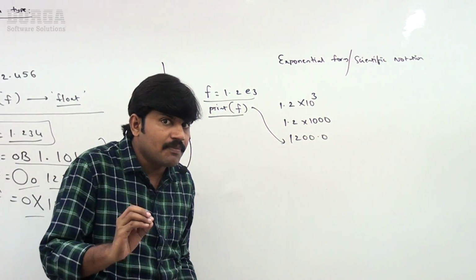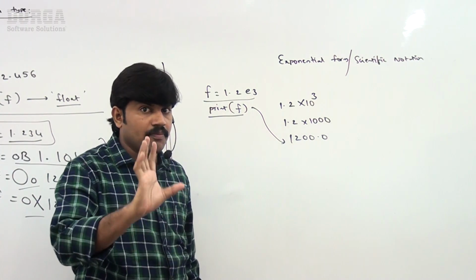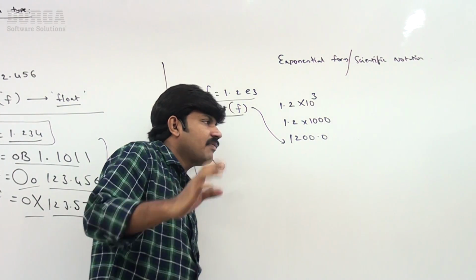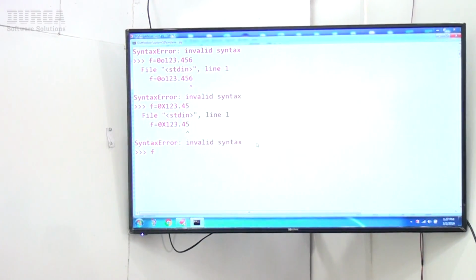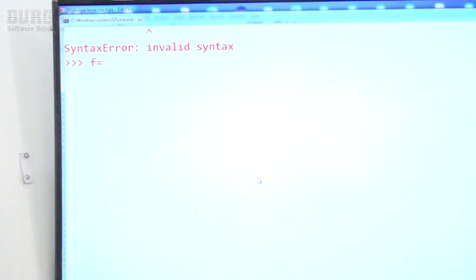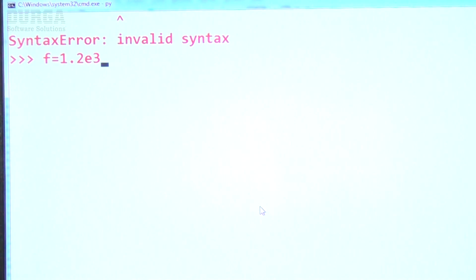But this is applicable only for floating point values. Remember, have a look once, sir. I am taking f is equal to 1.2 E3. You can take small e or capital E. Either is acceptable. What about its value, sir? 1200.0.